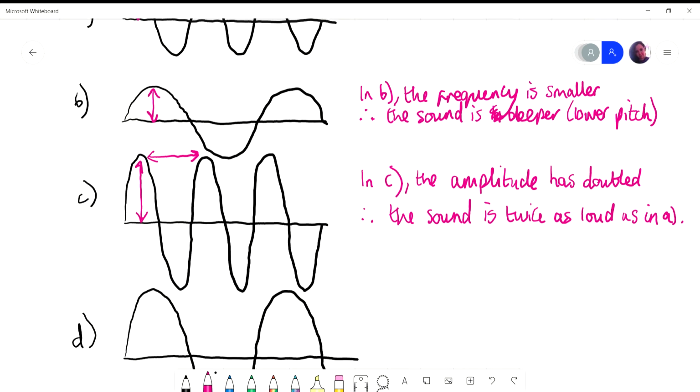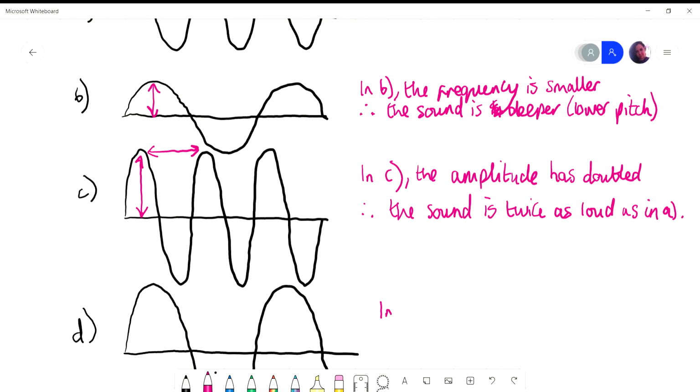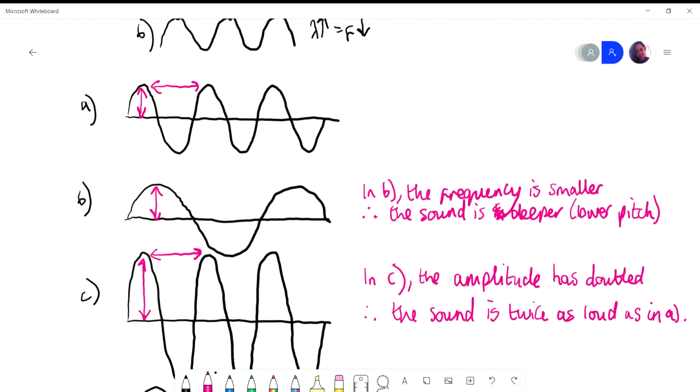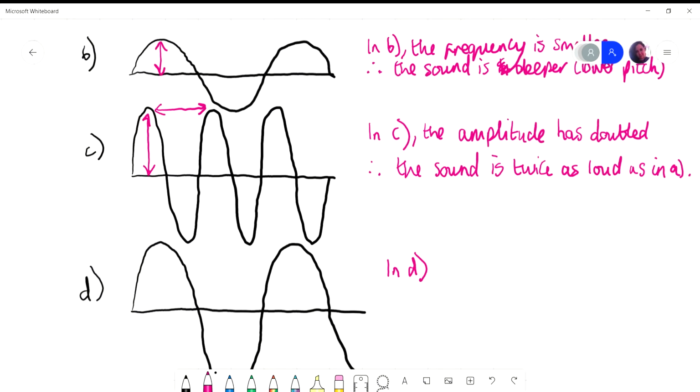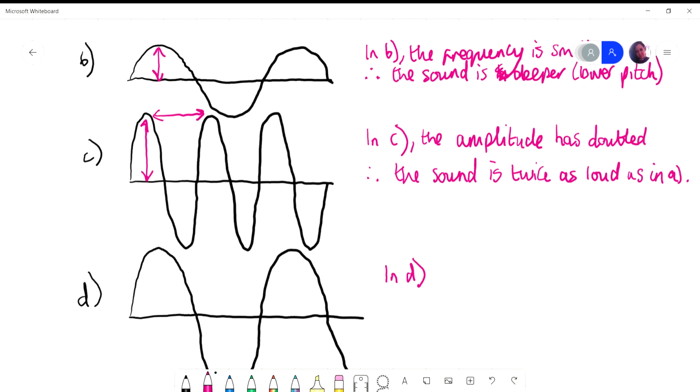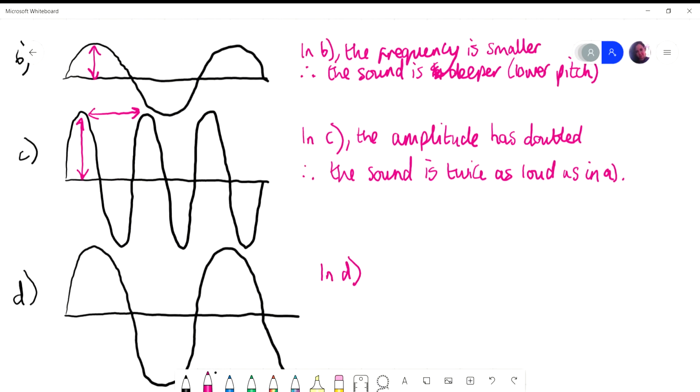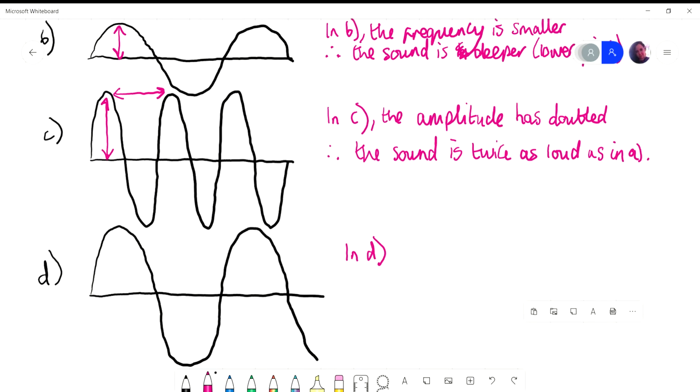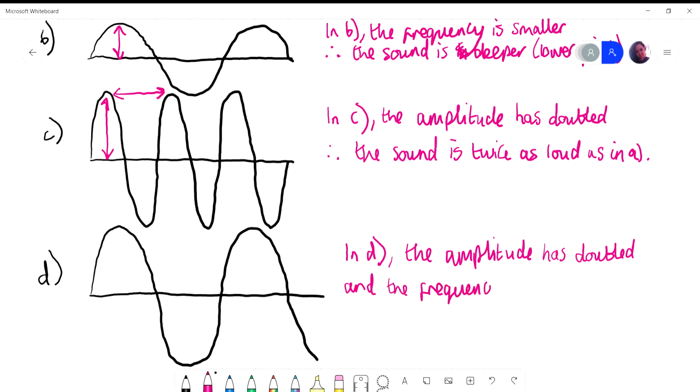Cool. Right, let's look at D. In D, let's have a look. So D is basically combining both B and C. So it has double the amplitude and double the wavelength, therefore half the frequency. So in D, the amplitude has doubled and the frequency has halved.